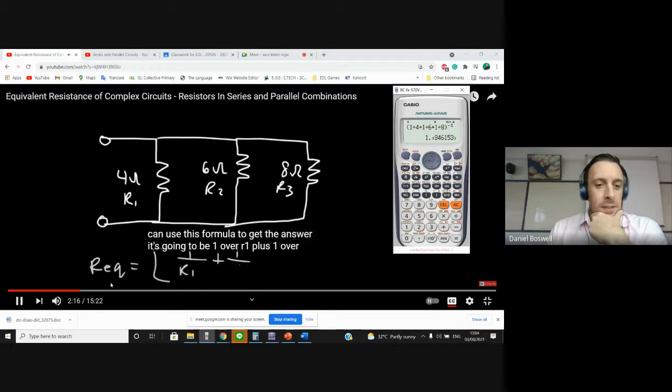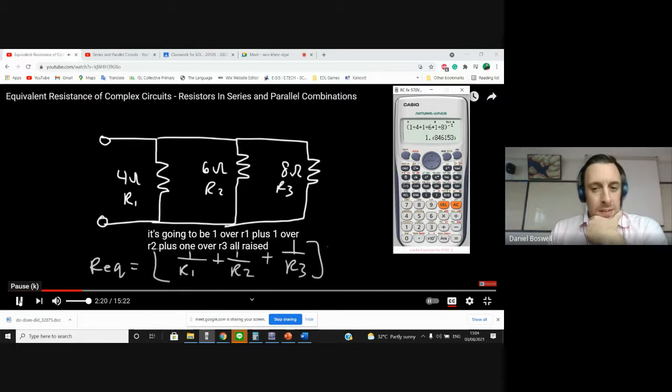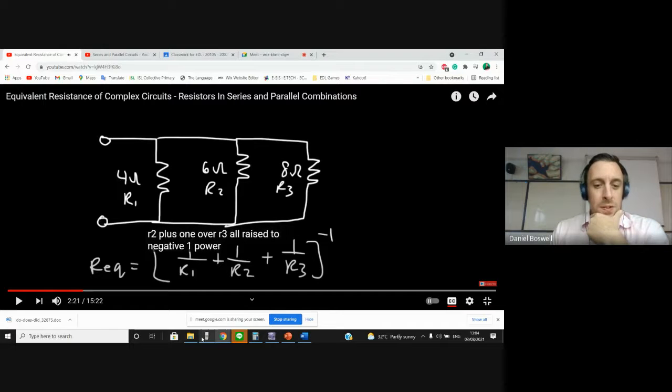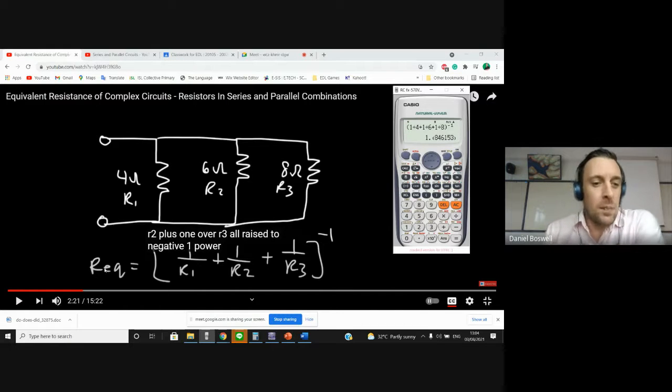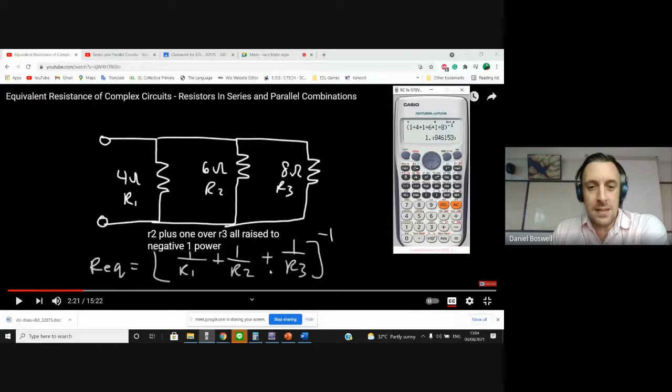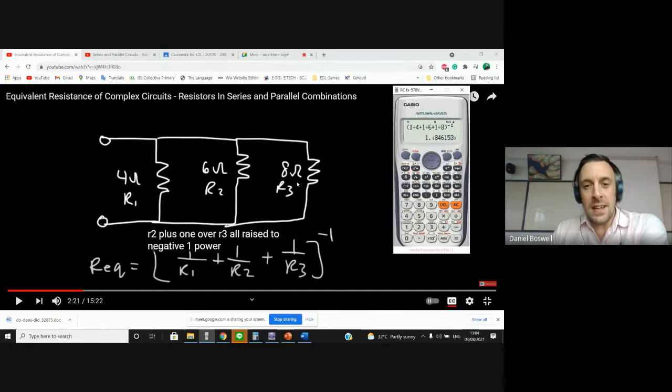R equivalent is 1 divided by R1, 1 divided by 4, plus 1 divided by R2, that's 1 divided by 6, plus 1 divided by R3, which is 1 divided by 8, to the negative of 1.